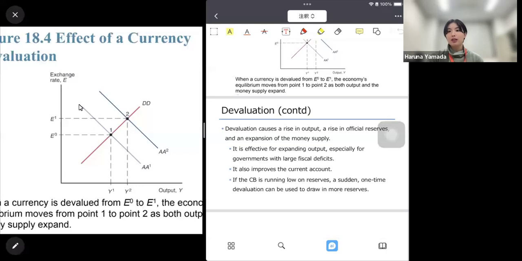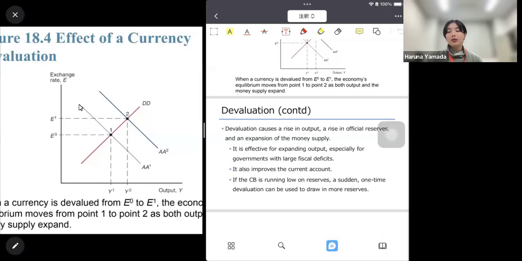Okay, so devaluation also improves the current account. Devaluation makes the domestic goods cheaper, so the current account is improved because of an increase in exports.